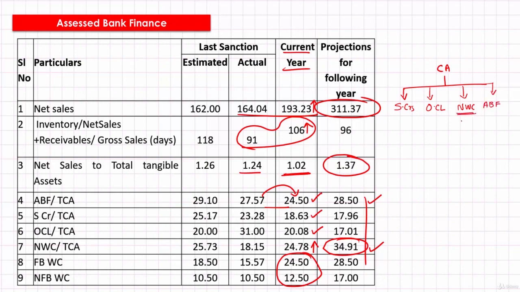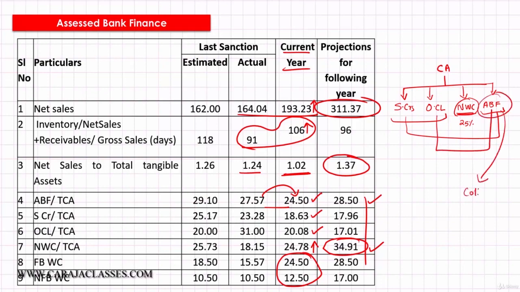In that, the minimum expectation over here is 25%, and this proportion can vary, okay, but this is expected to be 25%. So sometimes there will be shift from sundry creditors to ABF, there will be shift from OCL to ABF, but this level would again depend upon the collaterals the banks are taking.